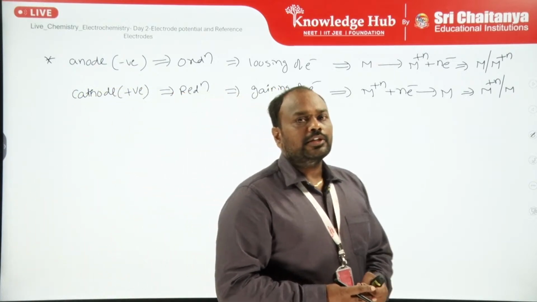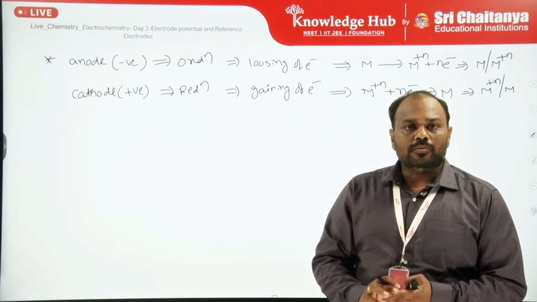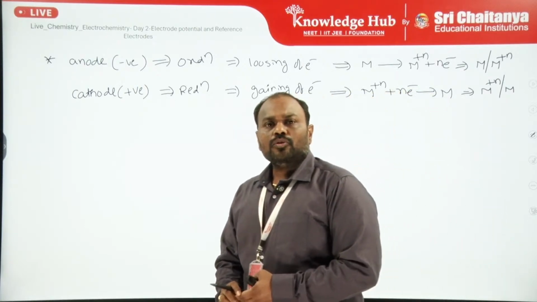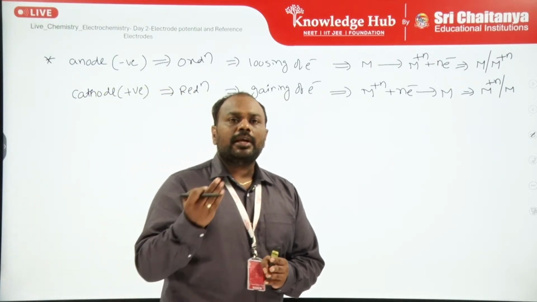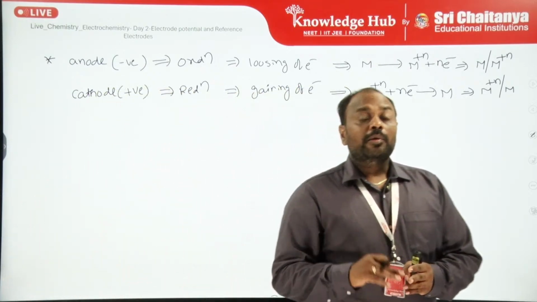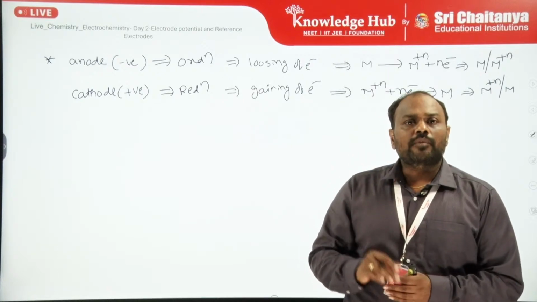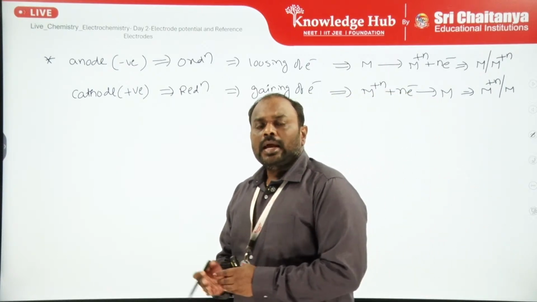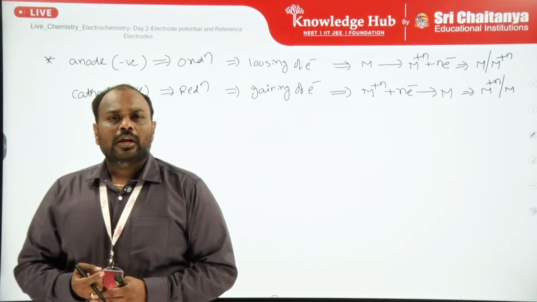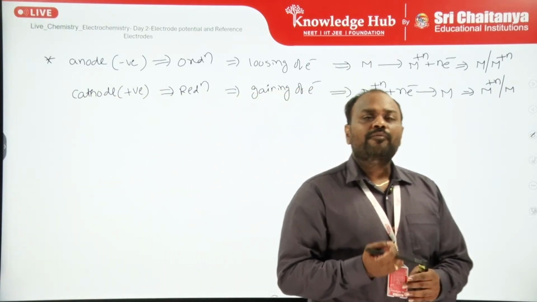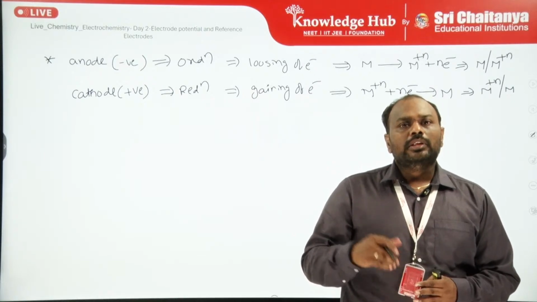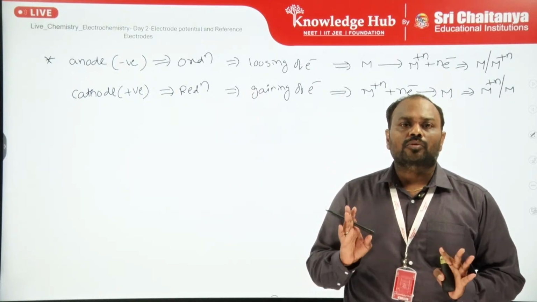So, in that condition, we use the reference electrode. Reference electrode means it acts as cathode as well as anode based on the chosen electrode. If the given electrode is acting as cathode, then the reference electrode is acting as anode. If the given electrode is anode, the reference electrode is acting as cathode.